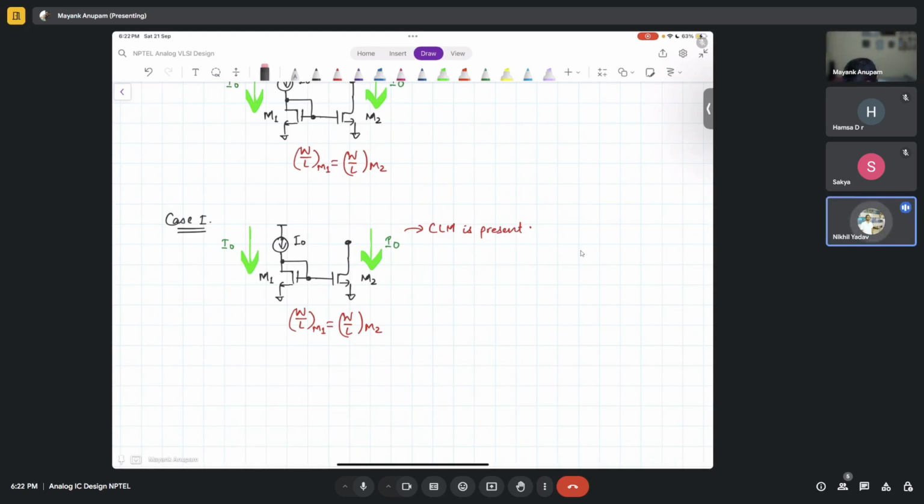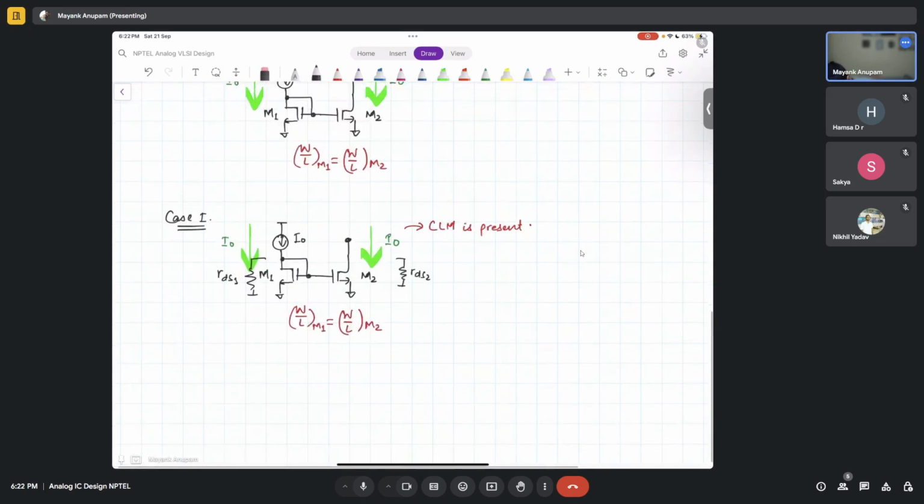It can be the same, I guess, provided RDS1 is equal to RDS2. RDS1 and RDS2 will be the same, right? This is RDS2, this is RDS1. What is the formula for RDS?